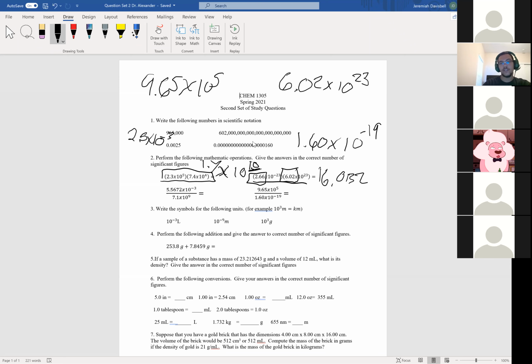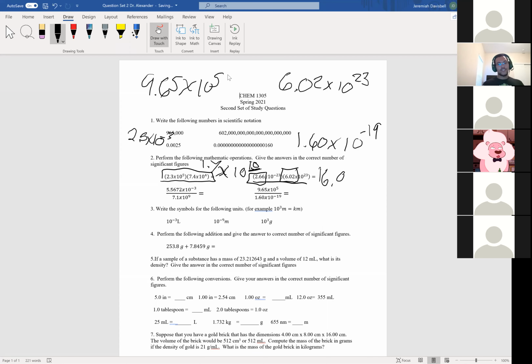Okay, so what would our answer be? 16.0. 16.0, perfect. Because we still need that 0 after the point to signify our third significant digit. Everything clear? No questions?